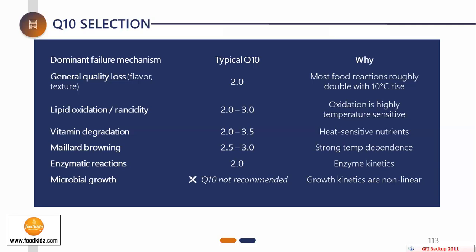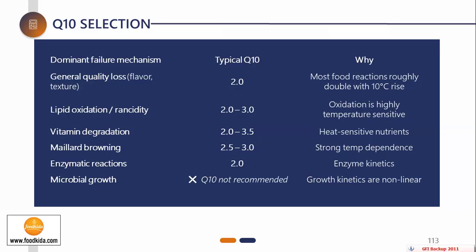Why? Because if it is a fried product, the oil will deteriorate faster. Because oil has unsaturation. When oil has unsaturation, oxidation rate is higher. And oxidation is an autocatalytic reaction because in oxidation you get peroxide formation.